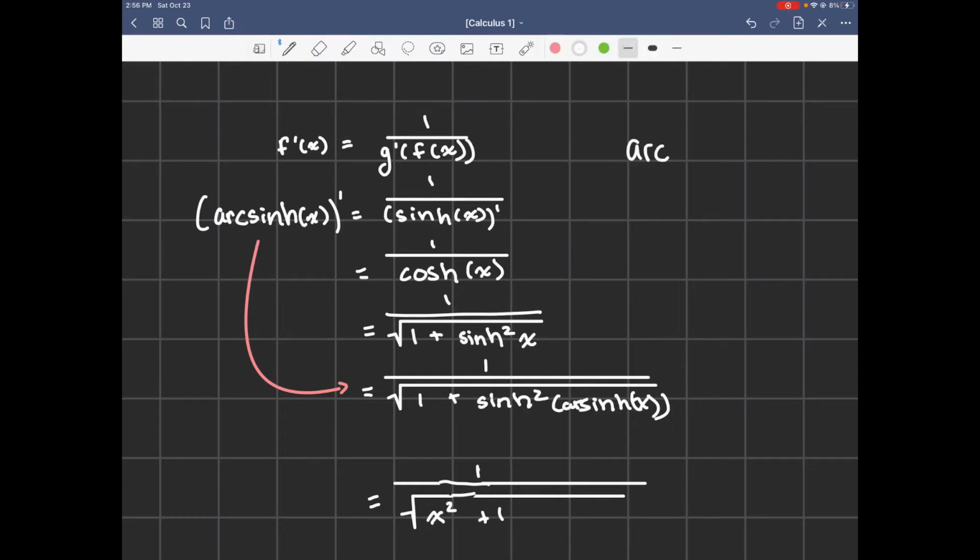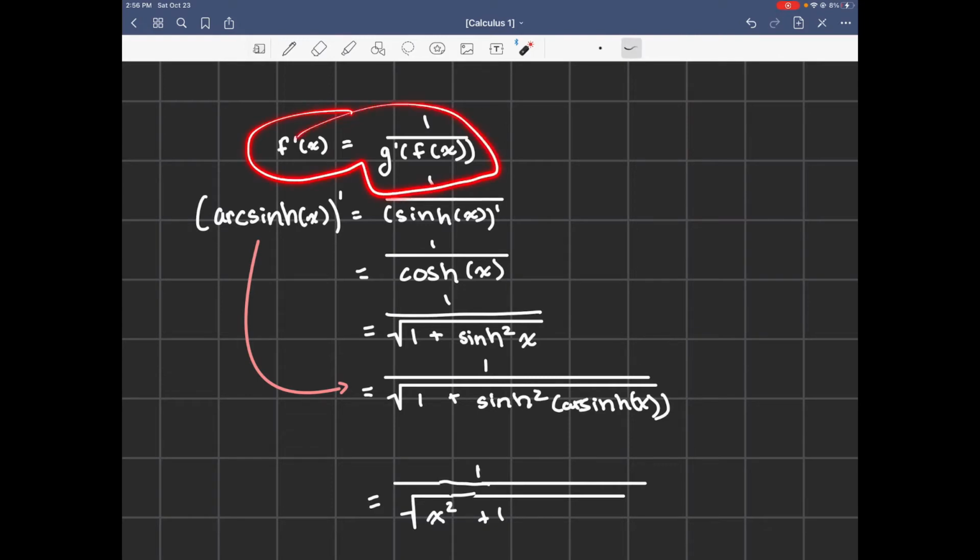I could write arc sine hx, or I could write sine hy. It truly does not matter. You really just have to look and observe. So I have my original theorem.